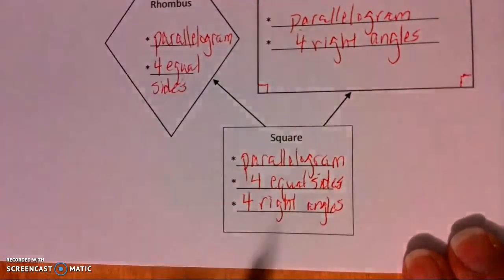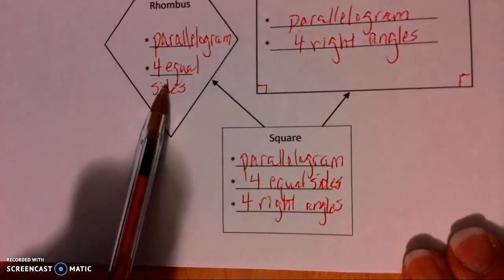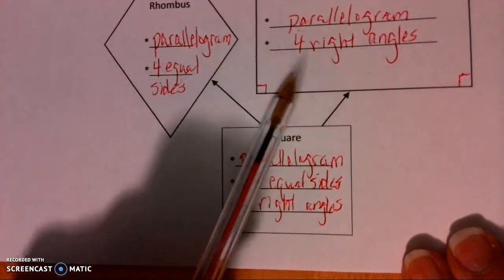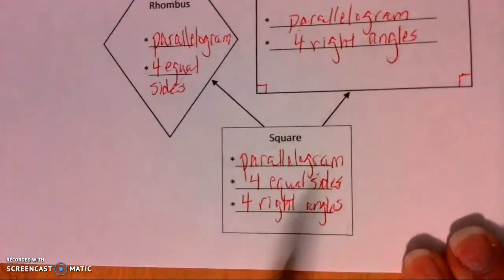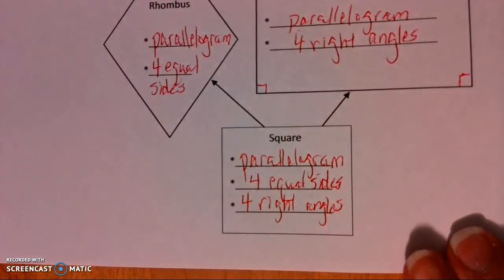So when I look at it, a square is a rectangle, and a square is a rhombus. It has the 4 equal sides, and it has the 4 right angles. A square is a parallelogram, a square is a trapezoid, a square is a quadrilateral.